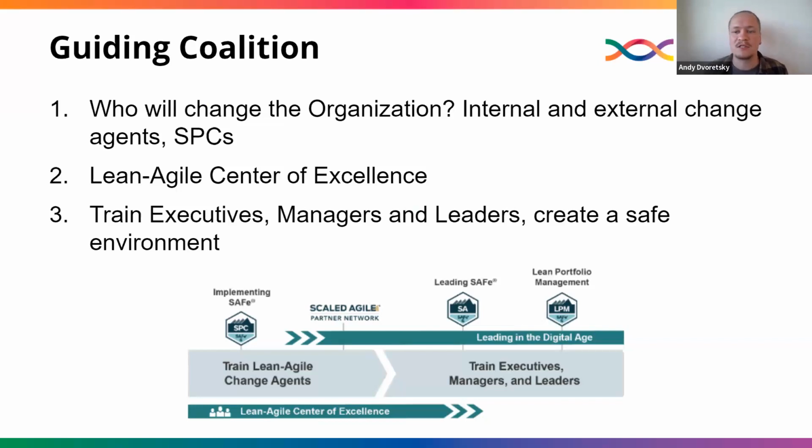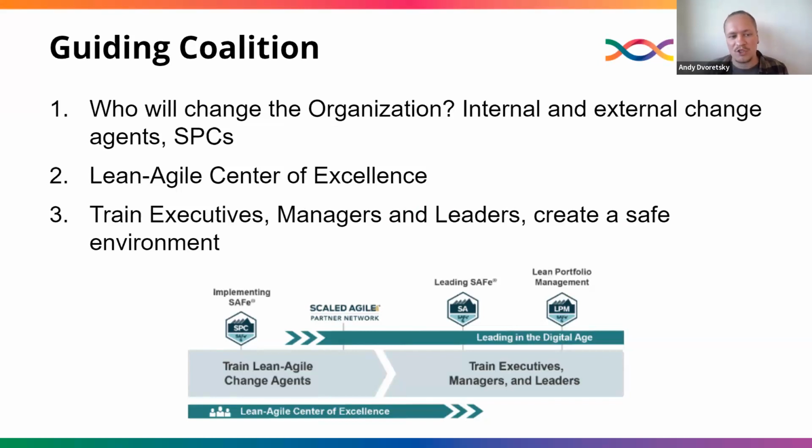So who are those internal and external change agents? And for that we also need SPCs, SAFe Practice Consultants. We can either train SPCs within the organization or invite external ones, as we usually do at AgileLAB, right? So we act as external SPCs for organizations being transformed.